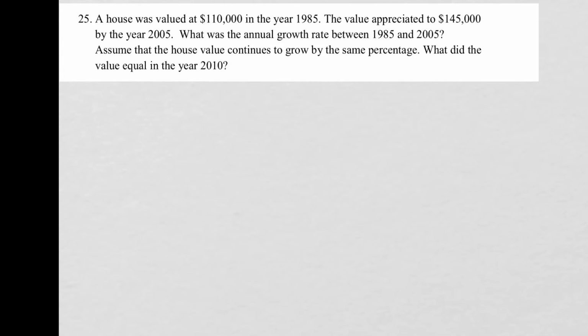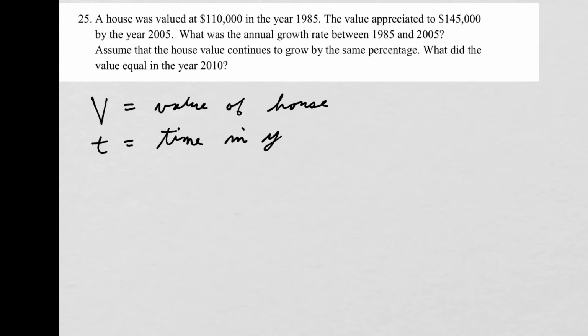I'm going to say V is equal to the value of the house, and maybe T is the time in years since 1985. So what does that mean?